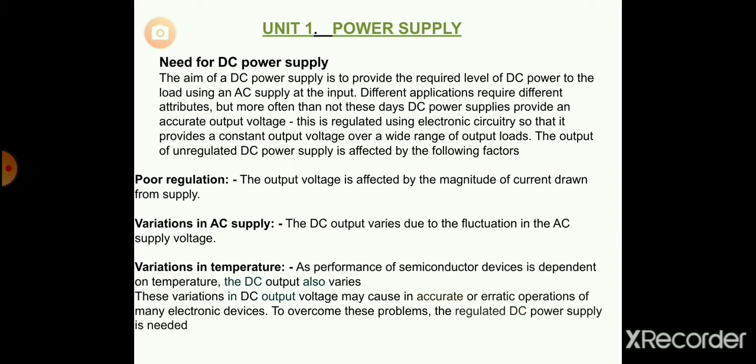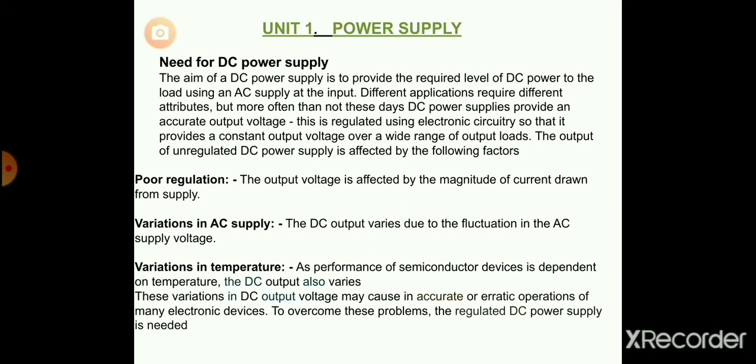The first point, poor regulation. Regulation means to control. The output voltage is affected by the magnitude of current drawn from the supply. That is poor regulation. Variations in AC supply: the DC output varies due to the fluctuation in the AC supply voltage. The output will be fluctuating, meaning it will be varying.